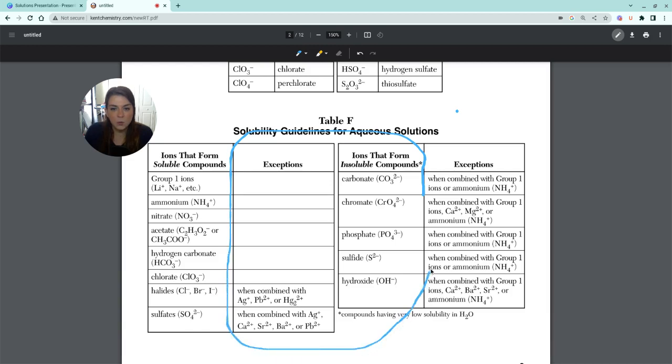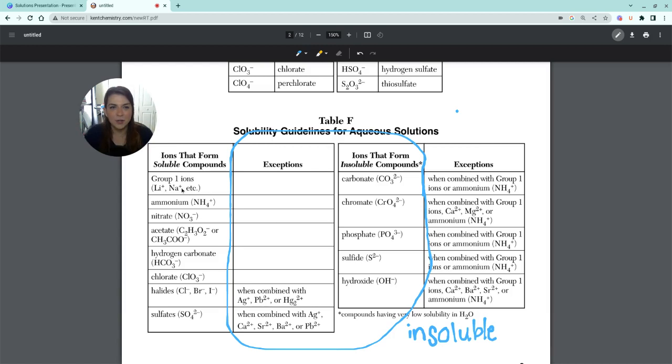And we always said that if the compound was found in the middle, in the circle, then that would mean that that compound was considered insoluble. If it's in the inner circle, it is insoluble. And if it's not in that inner circle, then it is soluble. It would love to dissolve.